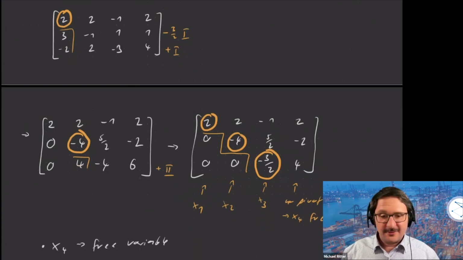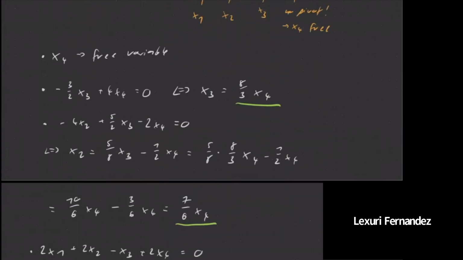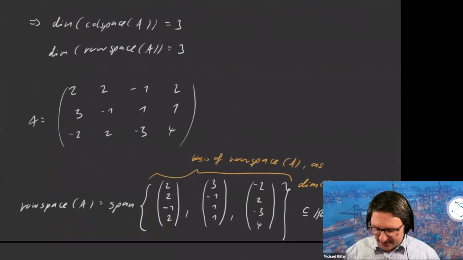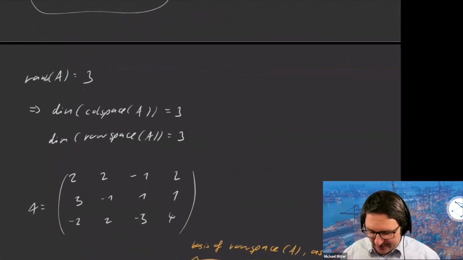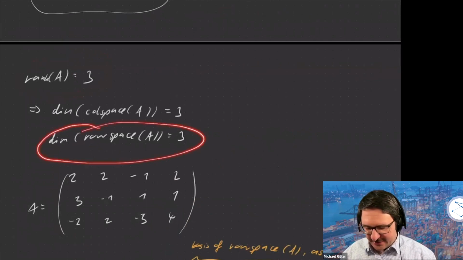Anything else? There is one question that has been repeated a couple of times. Why do we not have to prove linear independence for the basis of the row space? Well, the point is we know the dimension. We know the rank is 3. So we know the dimension of the row space is 3.